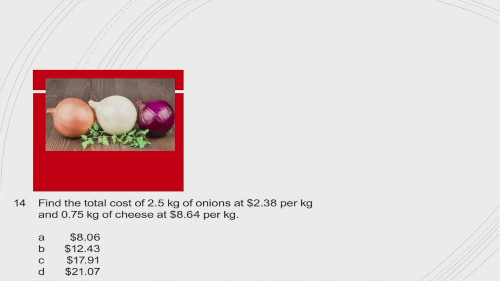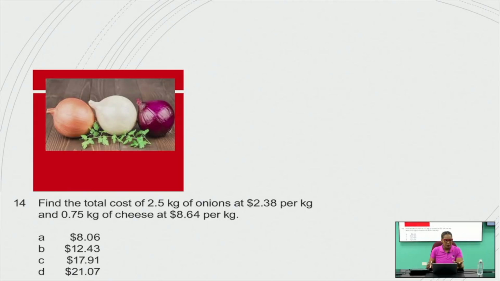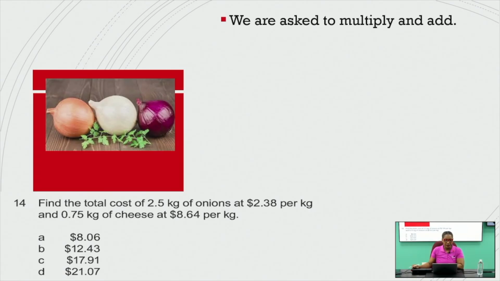You need to know that when you are multiplying things, just pay attention to the amount and the cost. So we have onions, and the cost of the onion is $2.38 per kilogram. Now you have 2.5 kilogram.